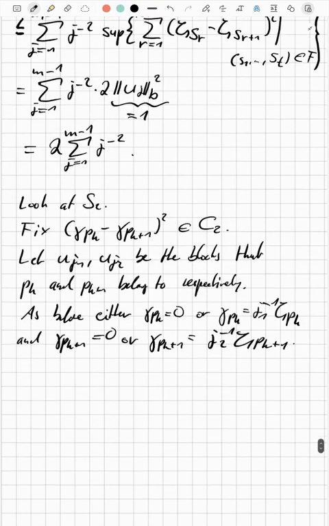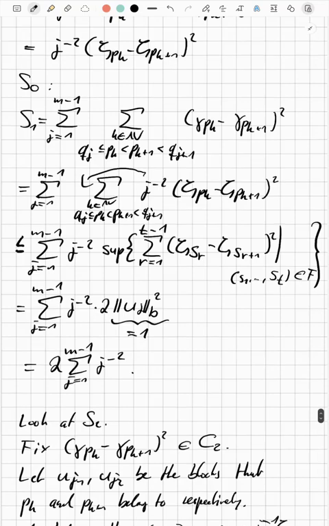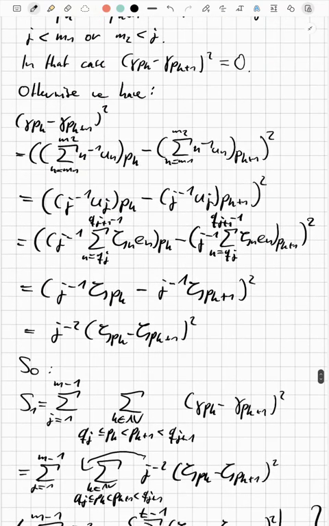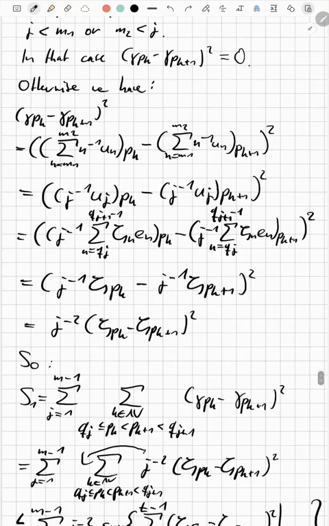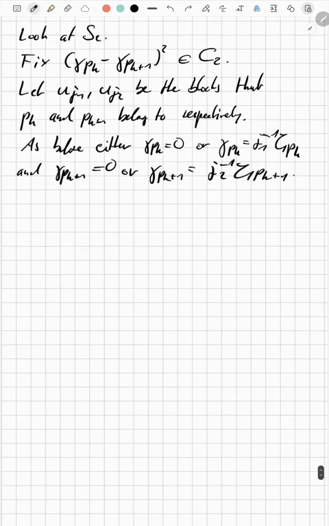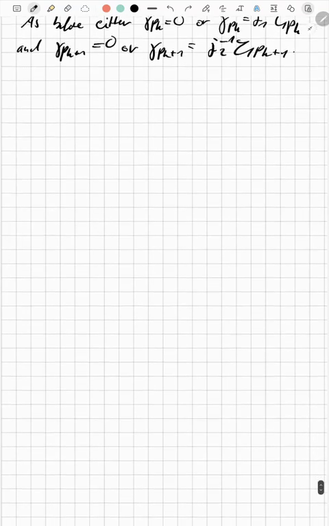It's the same argument that we used up here, where we considered different cases, and then we got these values for γ_pk and this one for γ_pk+1. So anyway, let's continue.